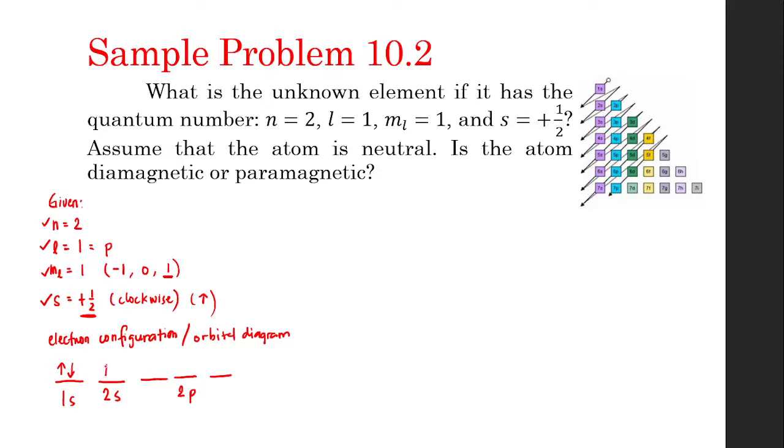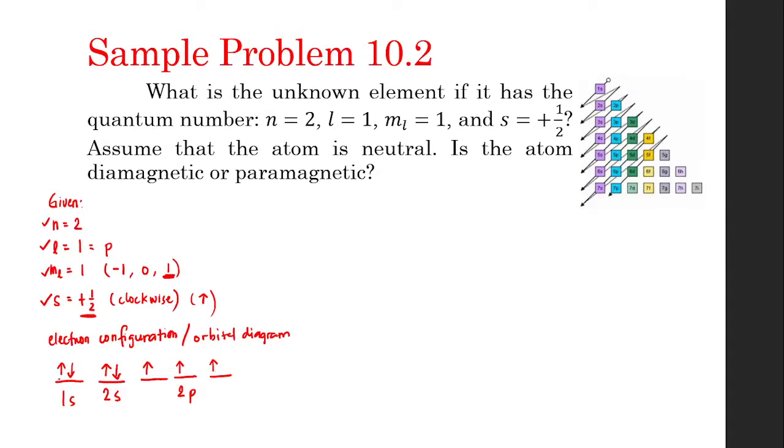So let's fulfill this. Let's go 1, 2, and then according to Hund's rule, we should first fill all our orbitals, and we are done because we are at 1. Our m sub l is at positive 1, which is right here. And our spin quantum number is positive 1/2, which means our electron should be going up.